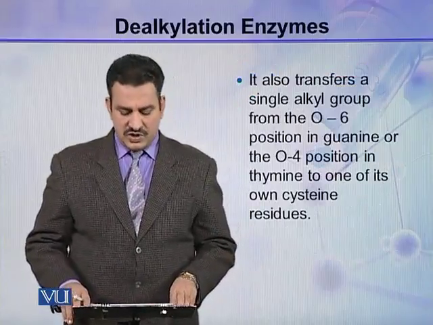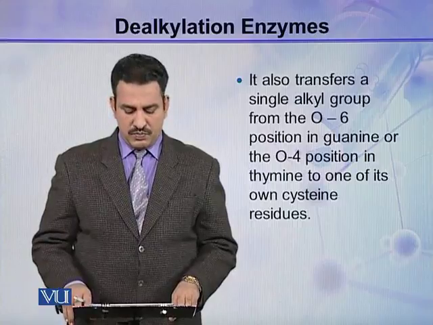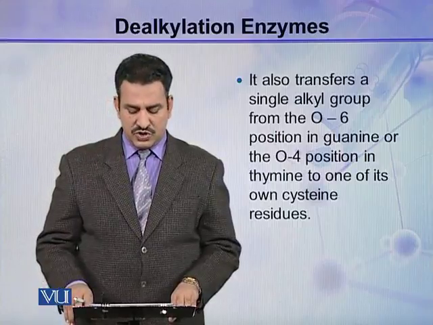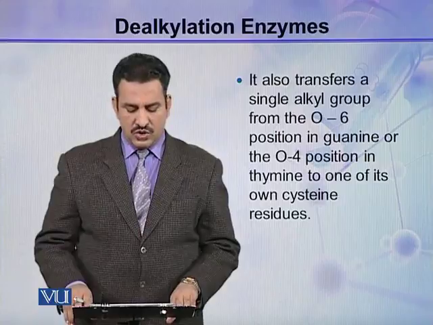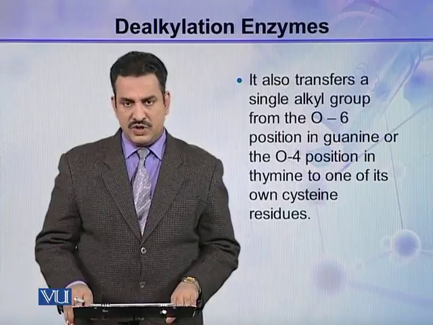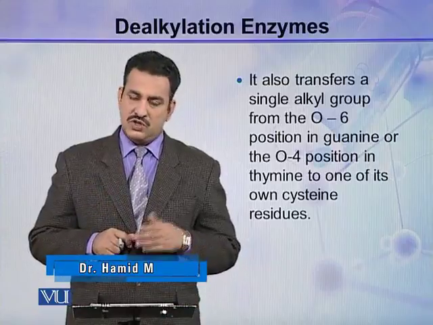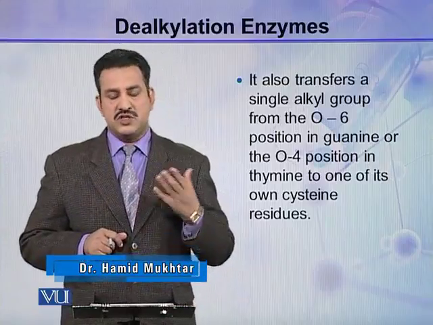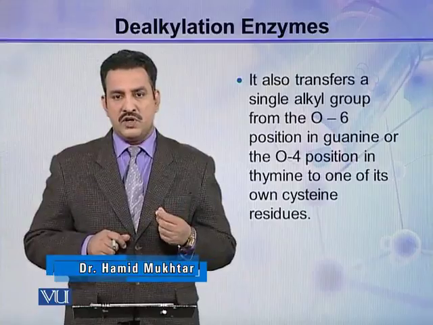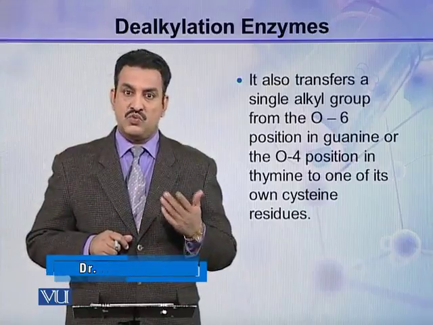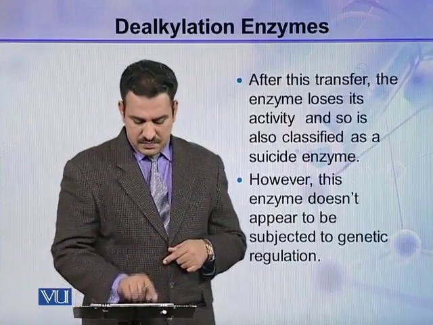It also transfers a single alkyl group from the O6 position in guanine or the O4 position in thymine to one of its own cysteine residues. So it behaves similarly to the C-terminal domain of the alkyl transferase 1 enzyme.